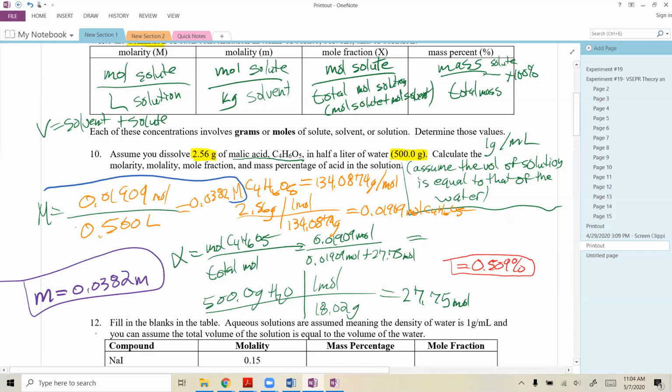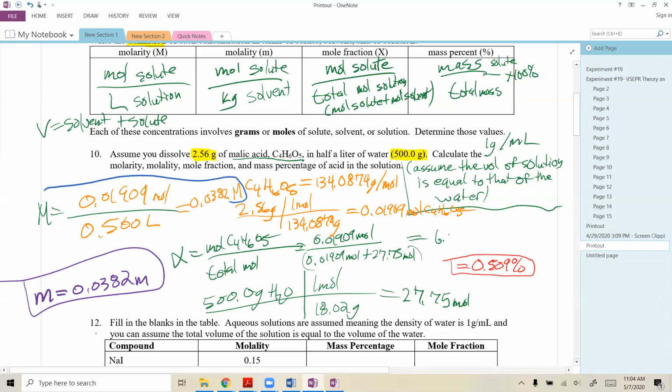And so what value do you guys get for your mole fraction? 0.000687. Very good. I actually have it as 0.688, right?